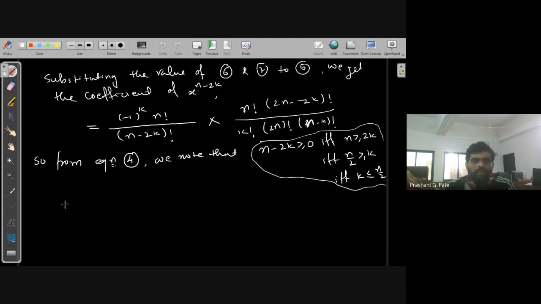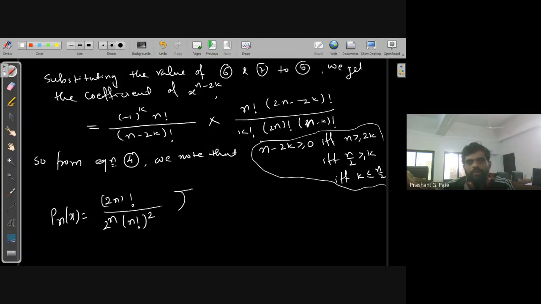So it will be Pn of x is equal to an. An is 2n factorial upon 2 power n into n factorial square. Summation k running from 0 to box n by 2. That is exactly the same thing which we have here. K is less than or equal to n by 2. We got from this. Then it is an x raised to n minus 2k.